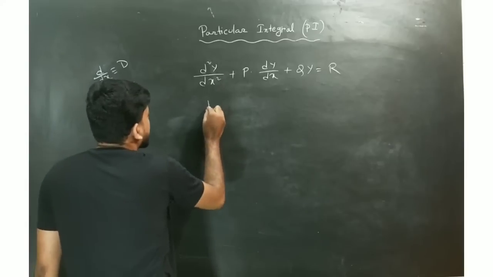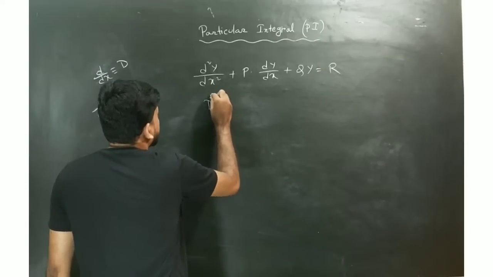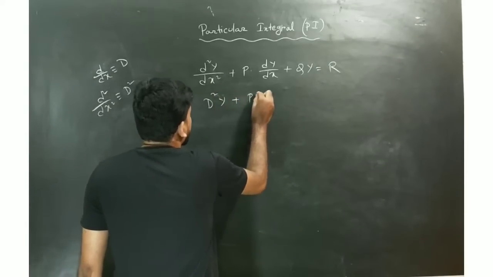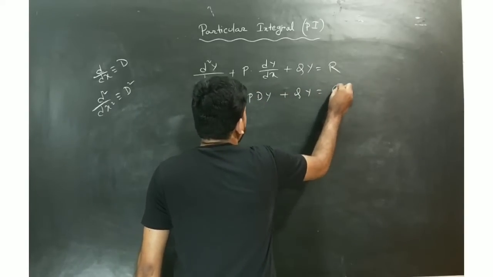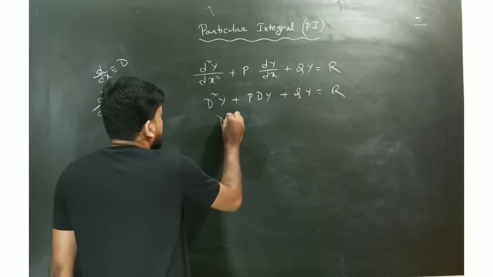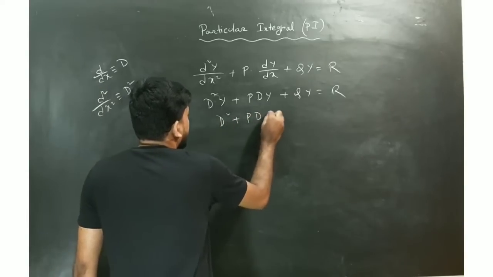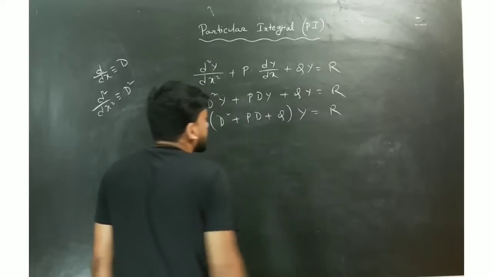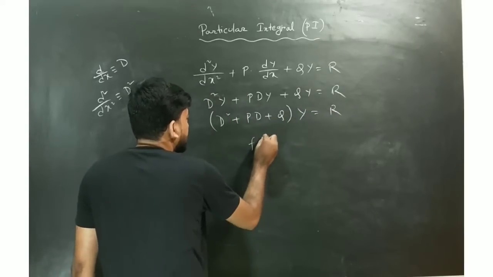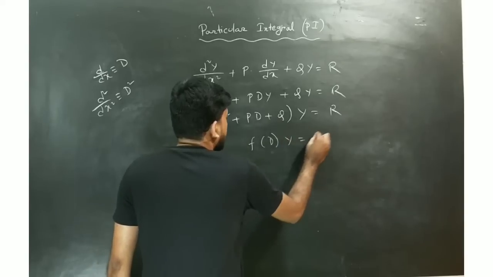So it becomes D squared y plus pDy plus qy equal to r, that is (D squared plus pD plus q) y equal to r. This is nothing but f(D). So f(D) y is equal to r.